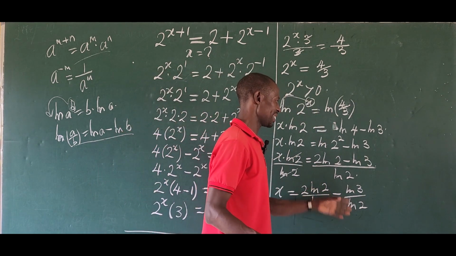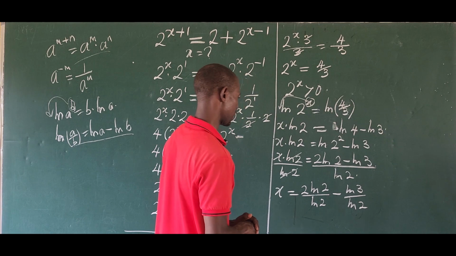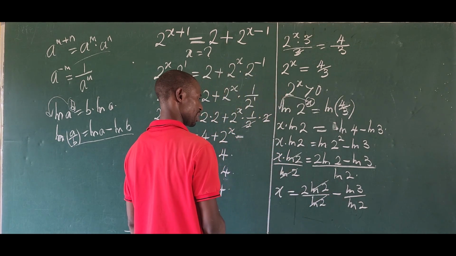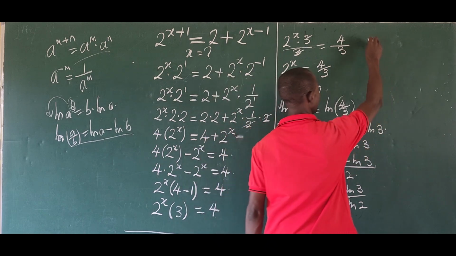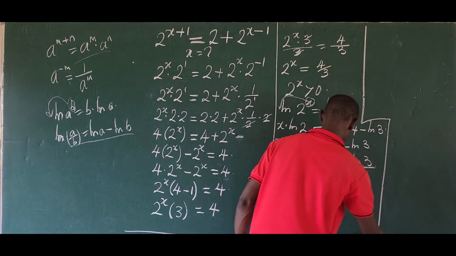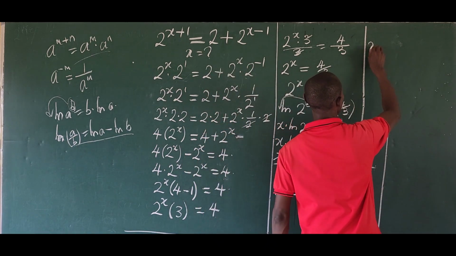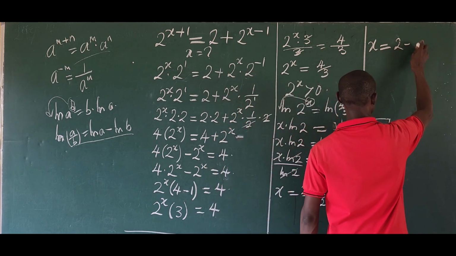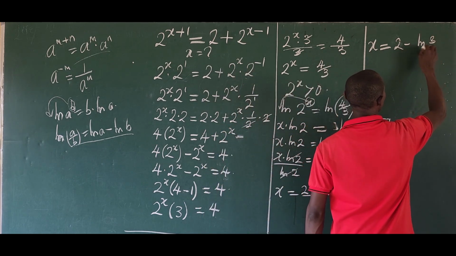These are common, so this and this will leave the system, right? So we are now having our x standing on its own.